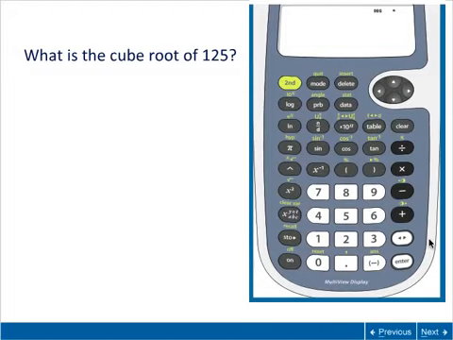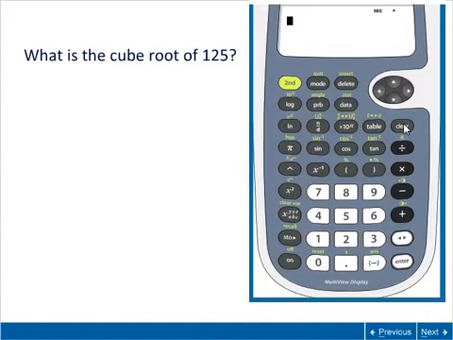To calculate other roots, first enter the numerical root, then the second and nth root buttons, then enter the number under the root sign, then click Enter. The answer will be displayed as a whole number or a decimal.